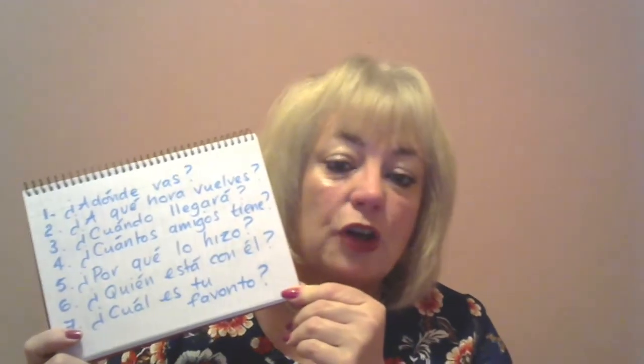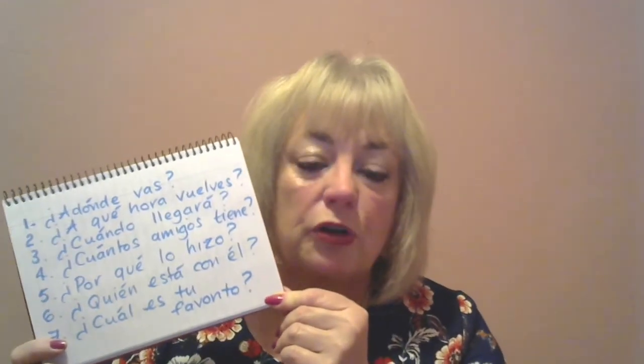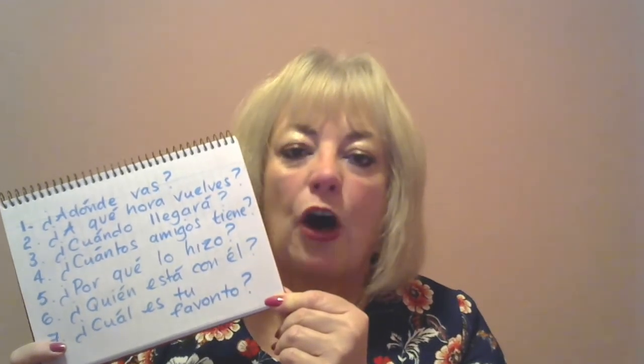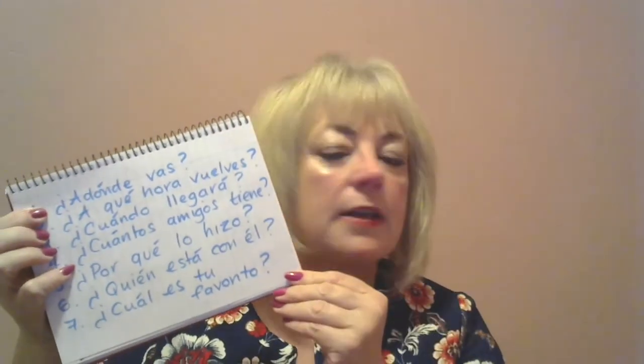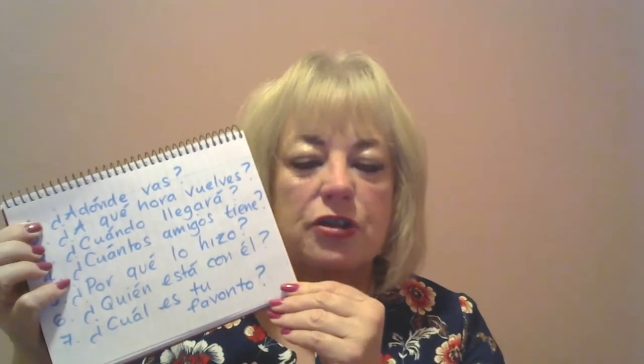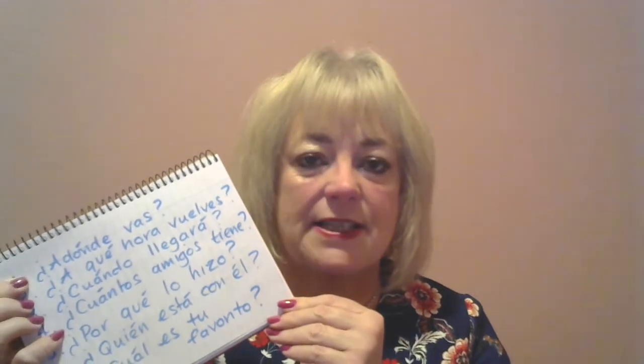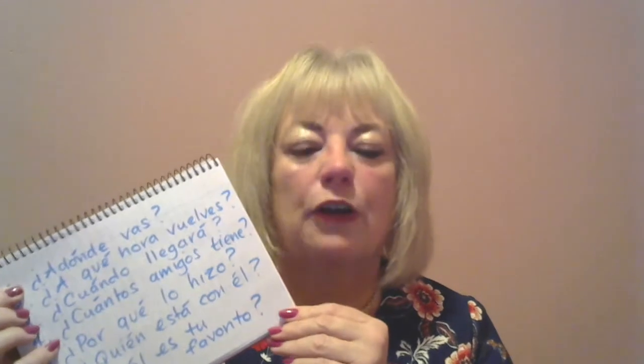Okay, ¿a dónde vas? Where are you going? Now notice in Spanish you say to where are you going? So we have the a, because with the verb to go, ir, there's always an a somewhere. Only 2 exceptions, and that's going on holiday, which is ir de vacaciones, and going shopping, which is ir de compras.